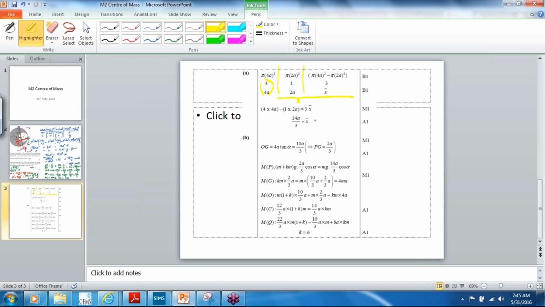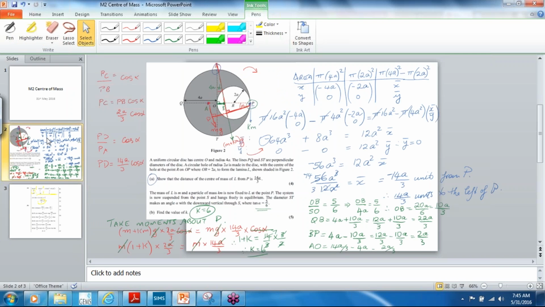I'm not sure what the 4 and 1 is here, but I'll have to look at that a little bit closer to see what the 4, 1 and 3 is.